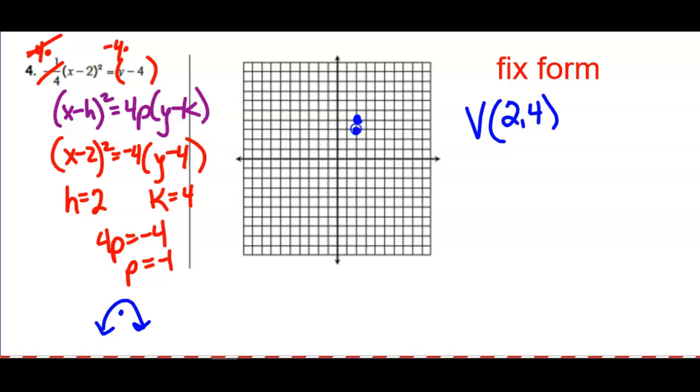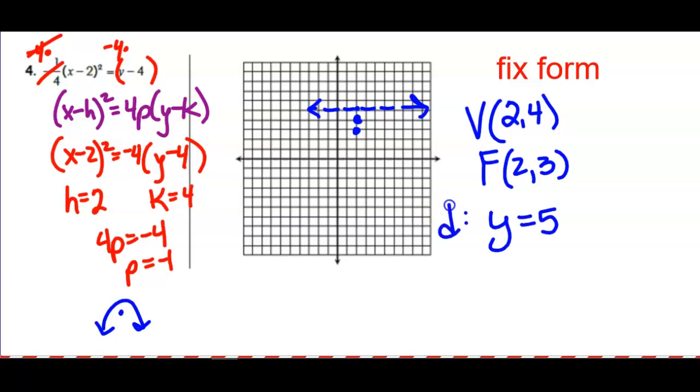The focus is 1 unit down from there. So on the y, it goes down 1. The directrix is 1 unit up from there, but it is a line. So 1 unit up from 4 would be 5, and it's a y equals line. The axis of symmetry goes through the vertex, crosses the x at 2.